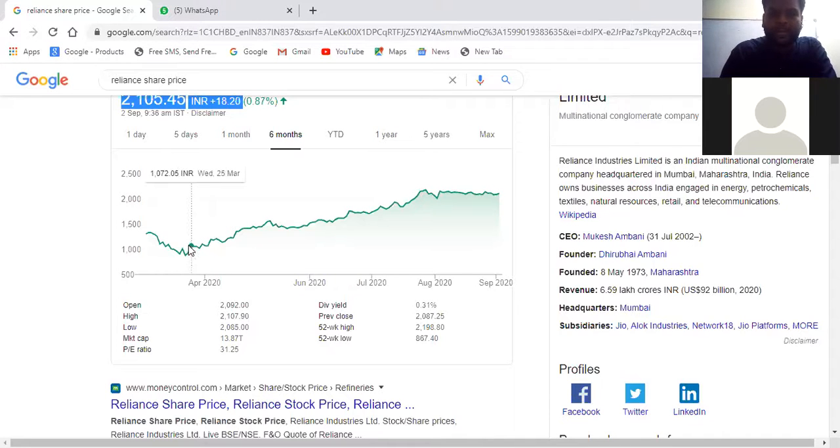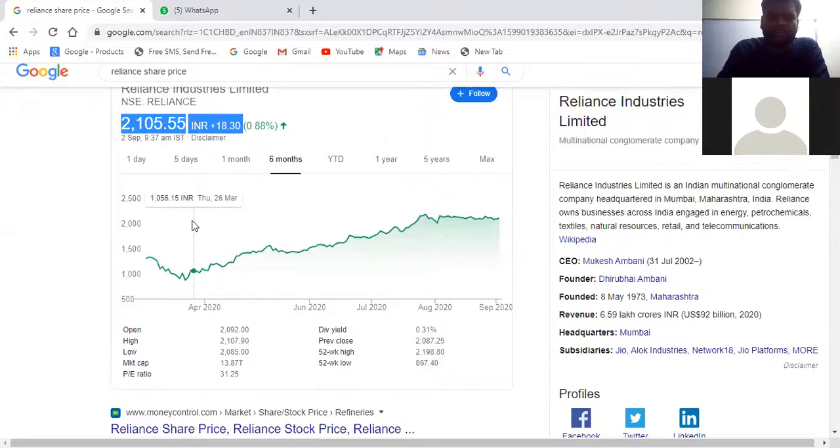What was the rate in March? It was 875. One share value of Reliance in March was 875. Correct? Then what is the present value we are having? 2105 rupees. The present value, you can see it is above here, it keeps fluctuating. 2105.55. Okay, see, just now it was 15 rupees.